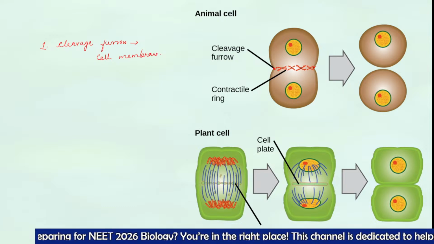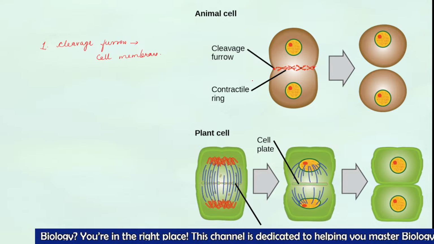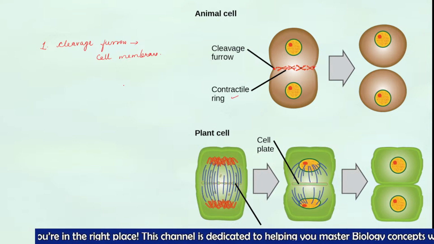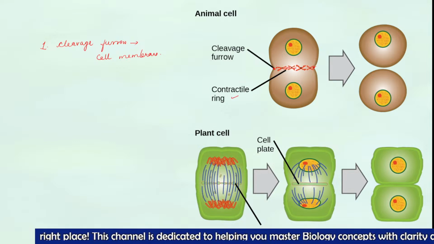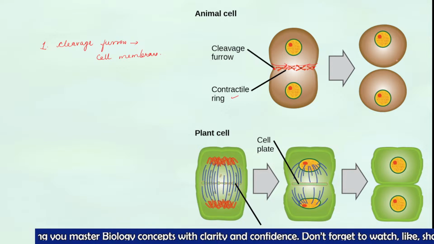At the same time, at the center, small contractile rings are formed. This cleavage furrow slowly moves towards the center from both sides and is completed, and then the two daughter cells are formed.